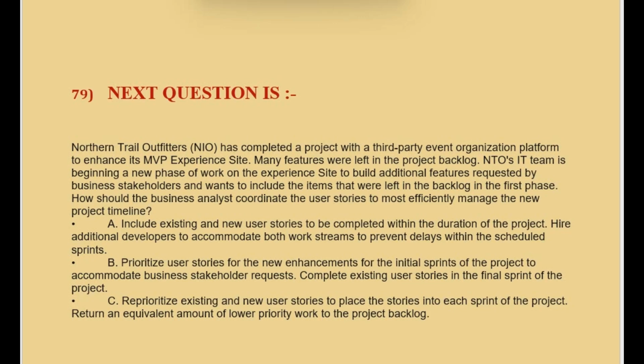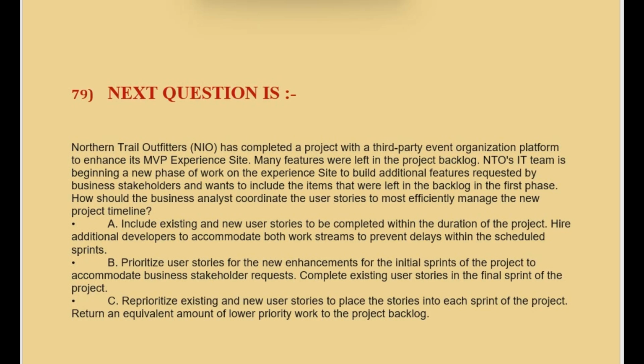Option A. Include existing and new user stories to be completed within the duration of the project. Hire additional developers to accommodate both work streams to prevent delays within the scheduled sprints. Option B, prioritize user stories for the new enhancements for the initial sprints of the project to accommodate business stakeholder requests.